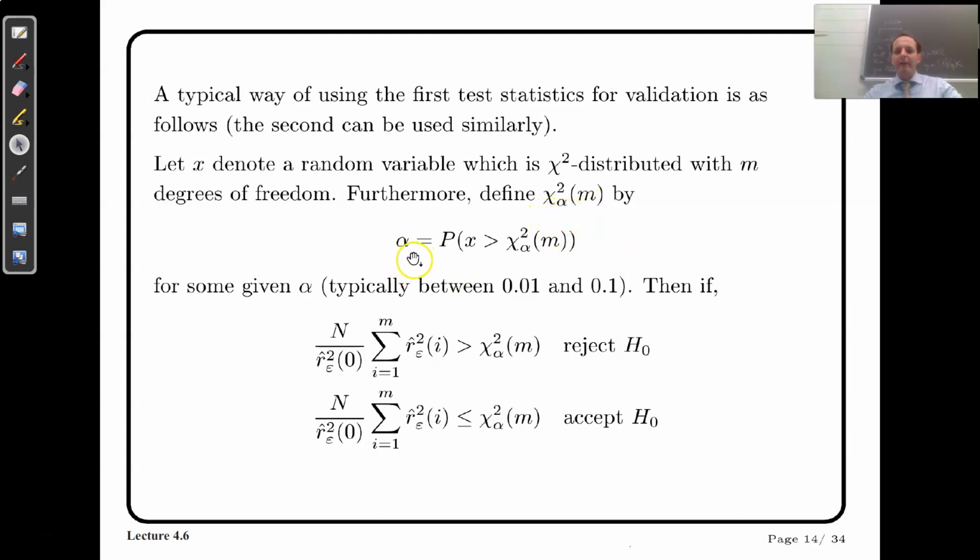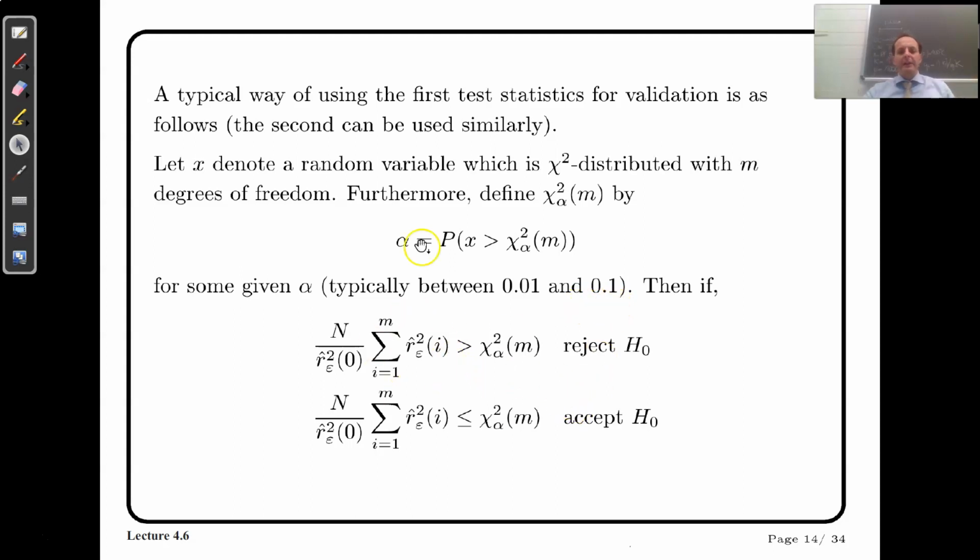So the level alpha is the probability that x is greater than the chi-square value for that alpha. Normally, alpha is 0.01 or 0.1.